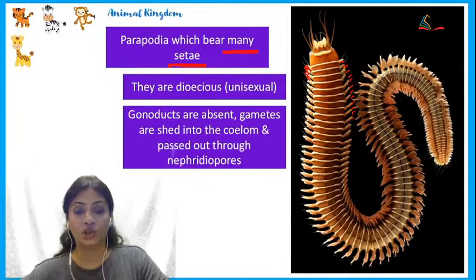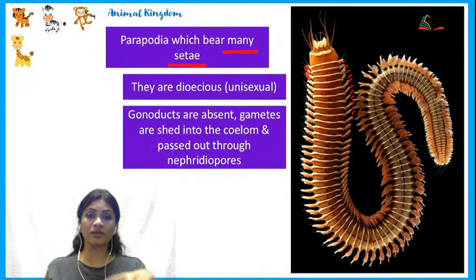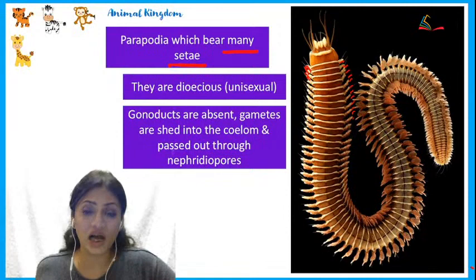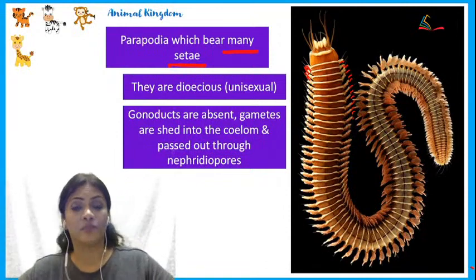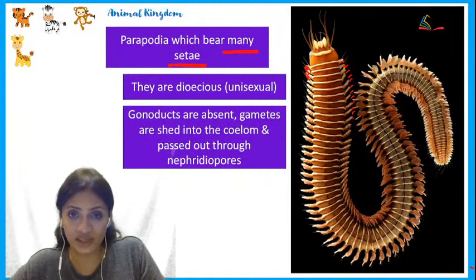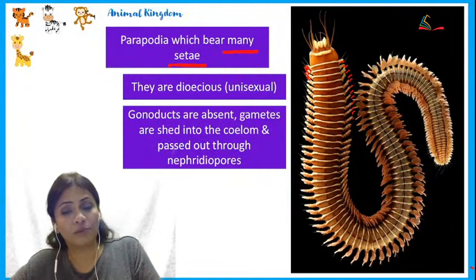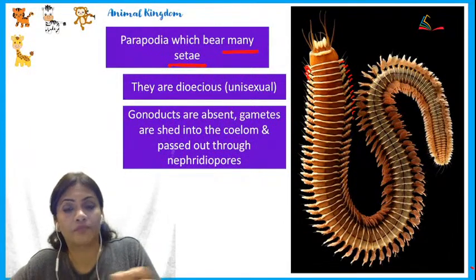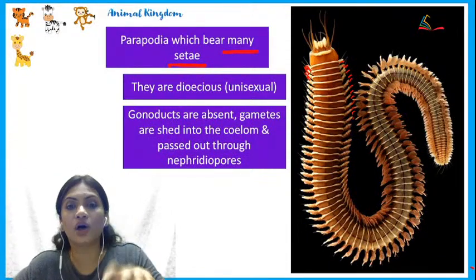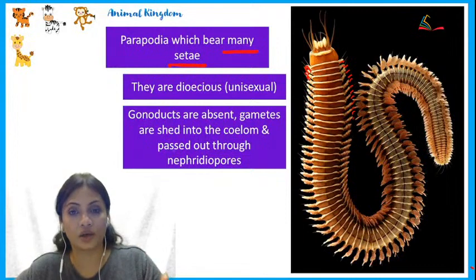Now, talking about the reproductive structures here, we see that gonoducts are absent, which would mean that gonads are present. If it is a male, there would be the presence of testes. If it's a female, there would be the presence of ovaries. But the gametes which are found in these gonads do not have gonoducts.